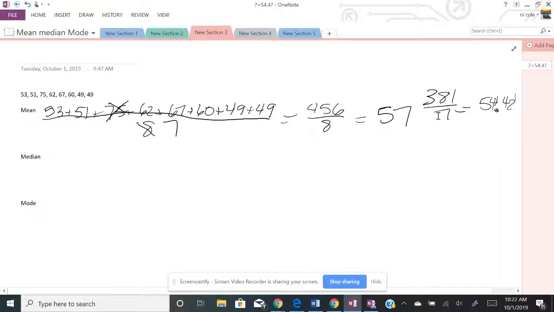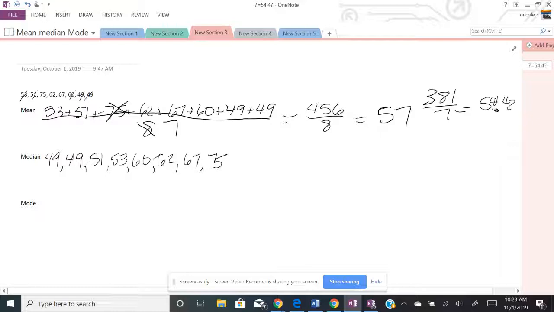Okay, so let's look at the median. Again, let's put it in ascending order. So 49, 49, 51, 53, 60, 62, 67, 75. I had 2, 4, 6, 8.